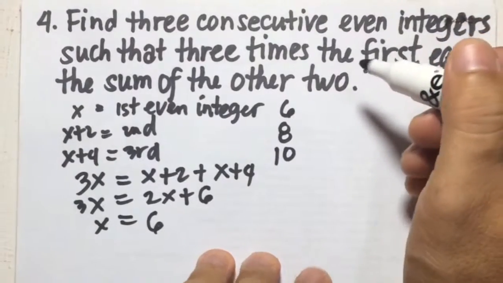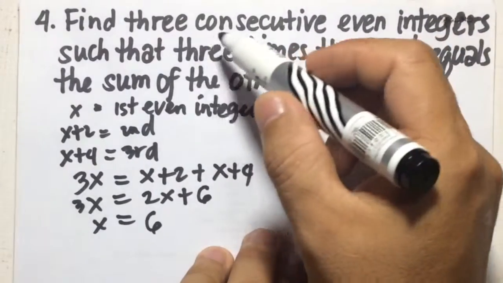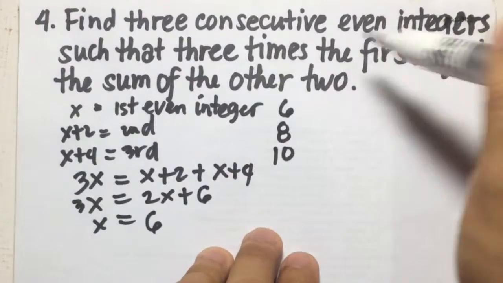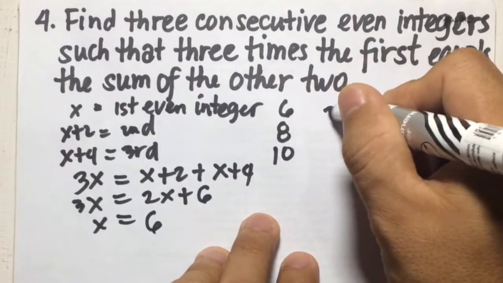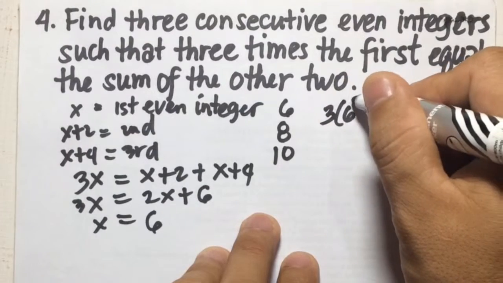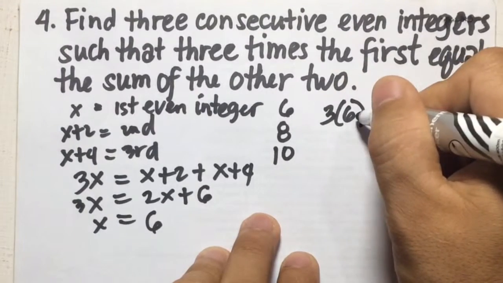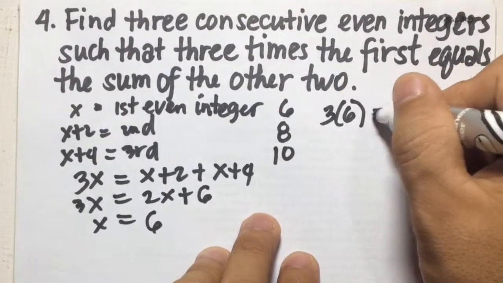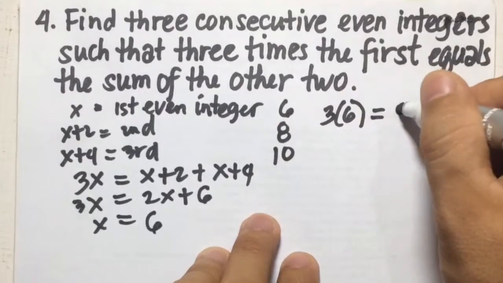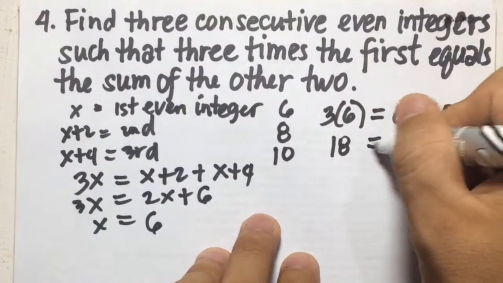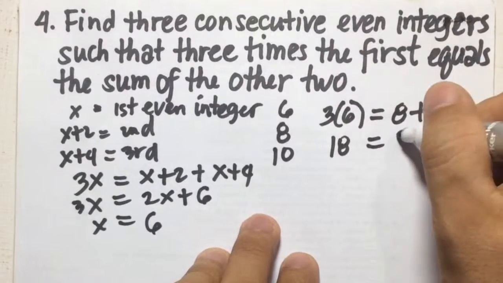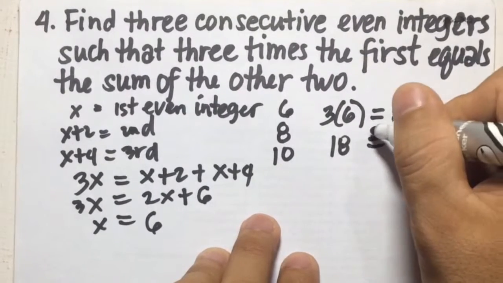To check if your answer is correct, we have 3 times the first equals the sum of the other two. 3 times 6 is equal to the sum of the two, 8 plus 10. 3 times 6 is 18, and 8 plus 10 is 18. So your answer is correct.